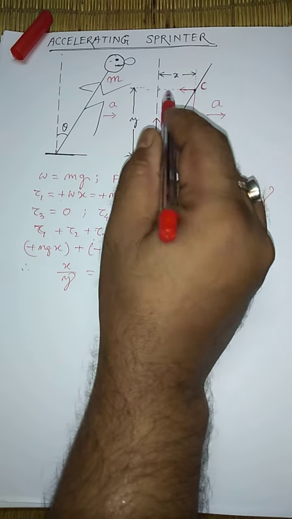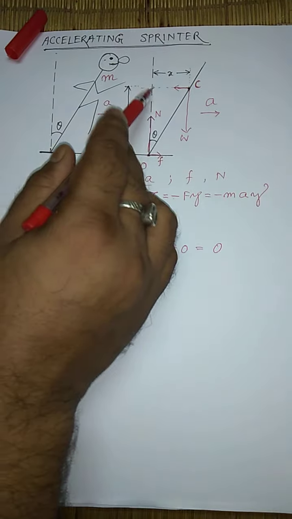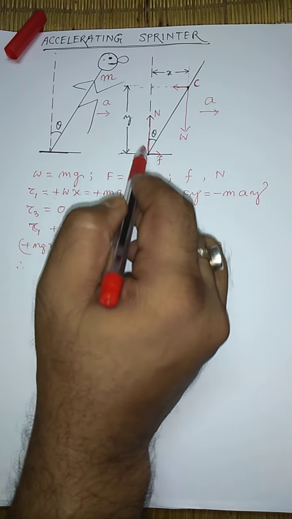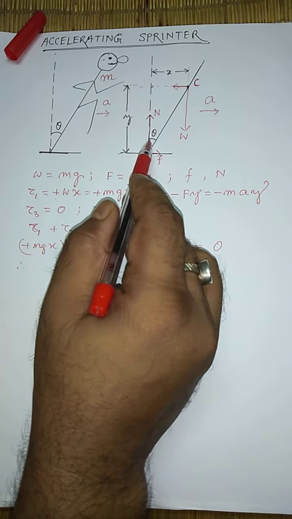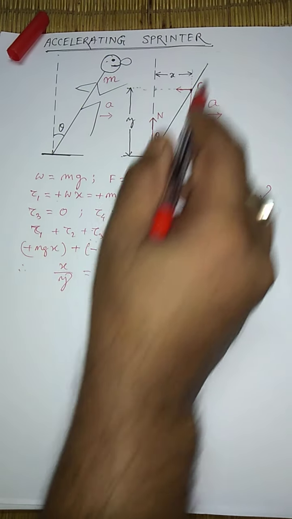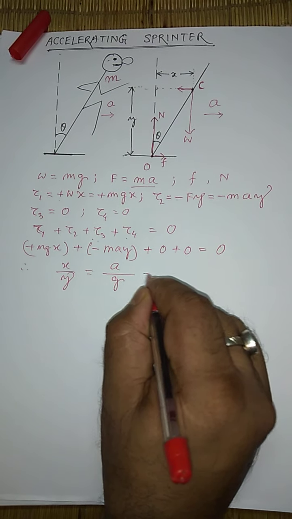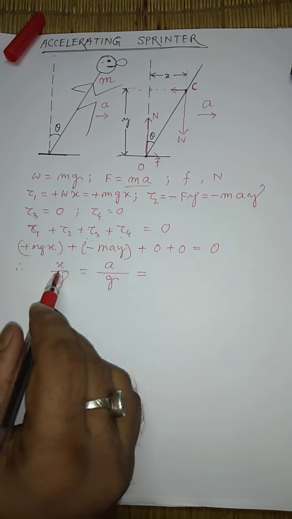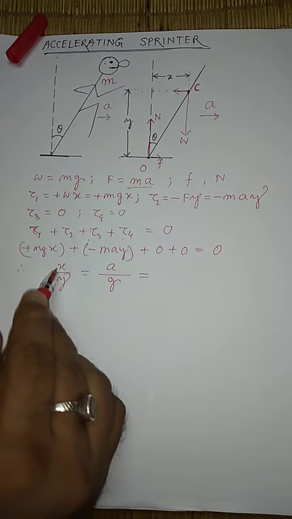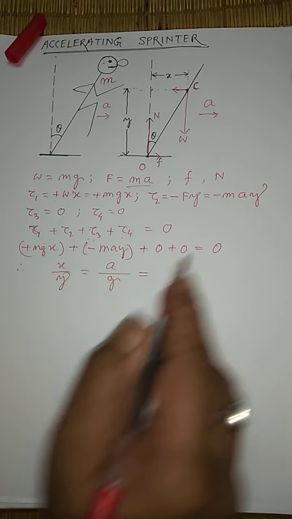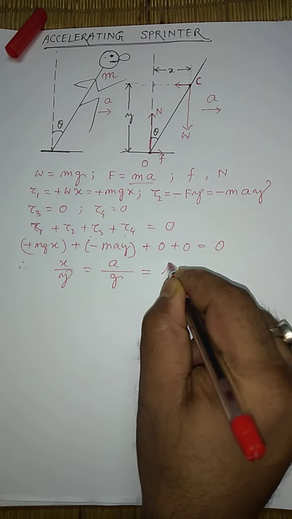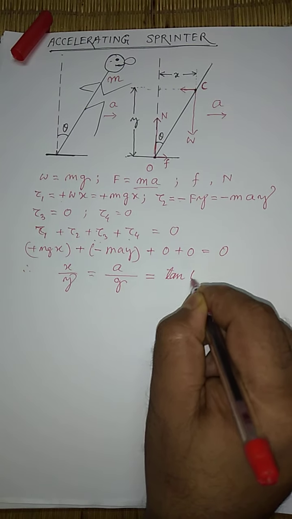From this right angle triangle, we see that x divided by y is equal to the tangent of the angle that the sprinter makes with the vertical, and so we can write x divided by y is equal to a by g is equal to the tangent of the angle theta.